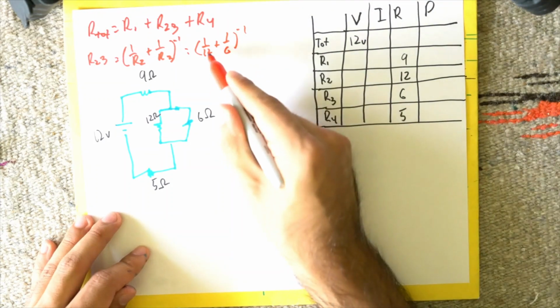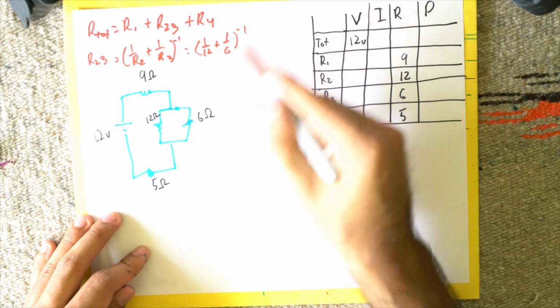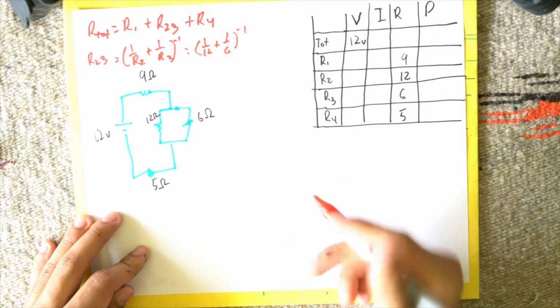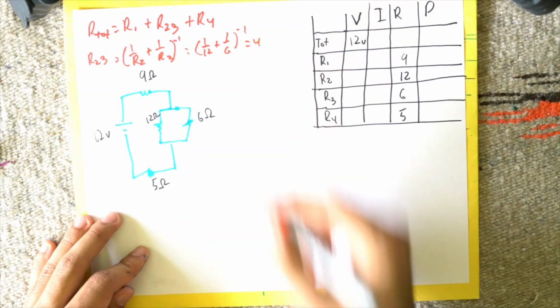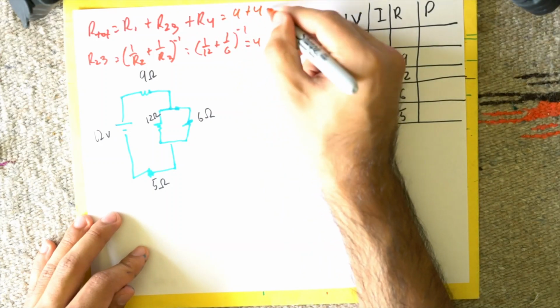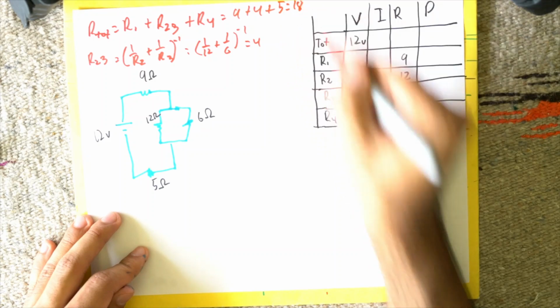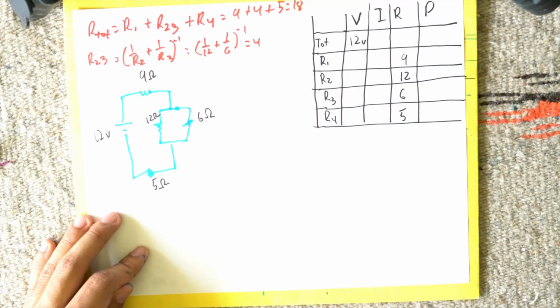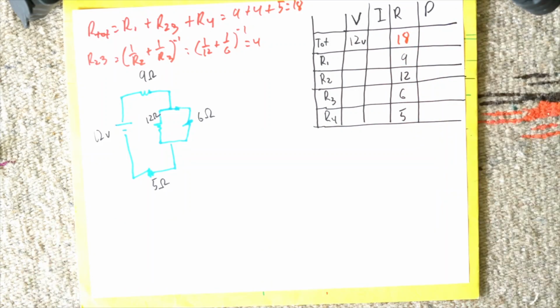If you do that, that'd be 1 over 12, 2 over 12, so 3 over 12 total, inverse that, 12 over 3, so that would be 4. Do you see that? So this will equal R1, which is going to be 9 plus 4 plus 5, that is going to be 18. If you want, you can slow that down, do it yourself, but this will be 18 ohms.